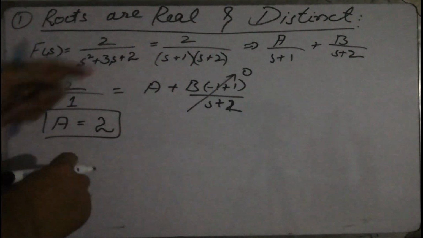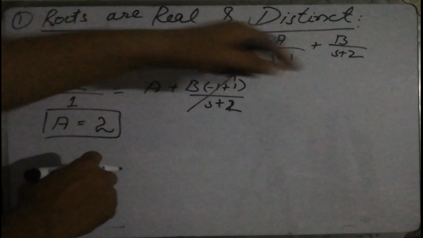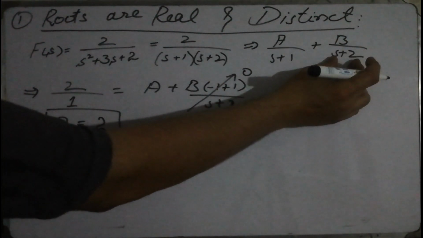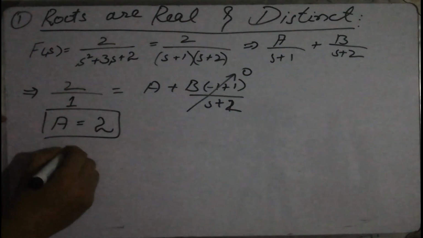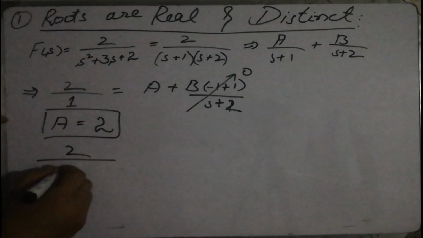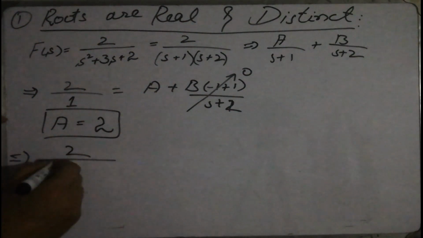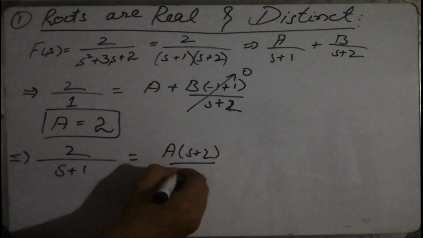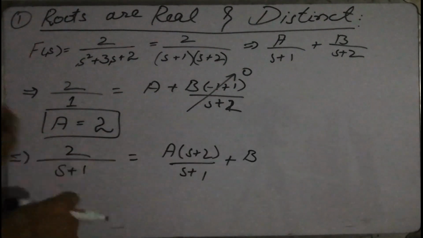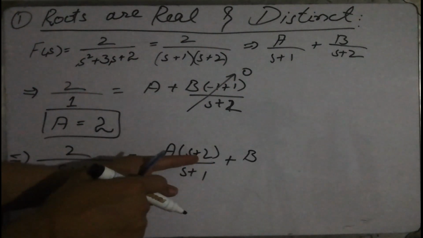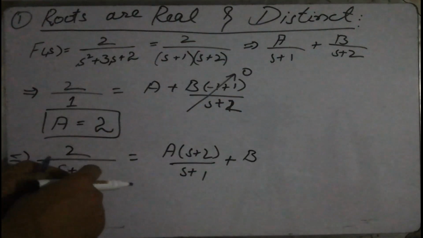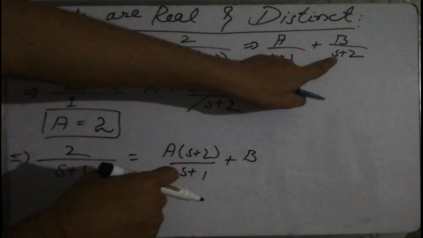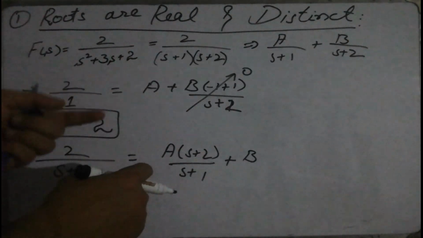Now when we found one constant, what about the other constant? We multiply this whole equation with the second denominator, which provides us with the following equation. Once you multiply the whole equation with s plus 2, the second denominator, we take s as our second root, which would be -2, right?